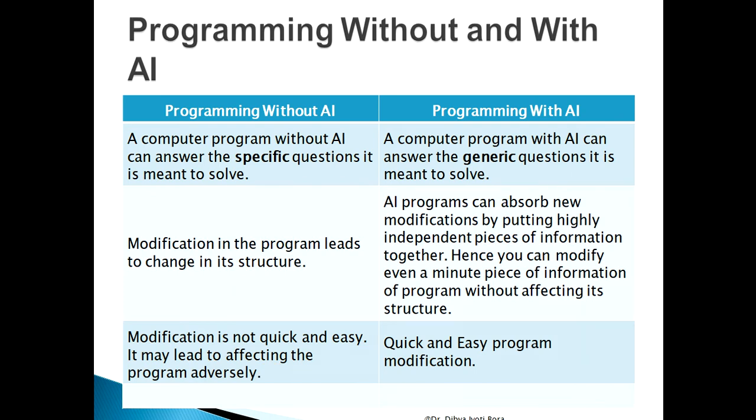But in case of programming with AI, AI programs can absorb new modifications by putting highly independent pieces of information together. So you can modify even a minute piece of information of the program without affecting its structure. It is obviously quick and easy. So these are the main differences between programming without AI and programming with AI. I hope this is very clear to you now.